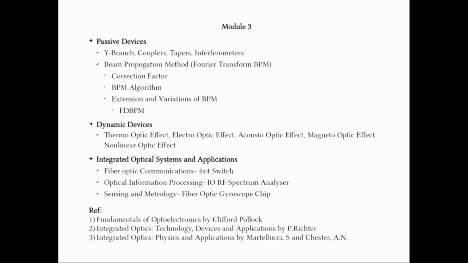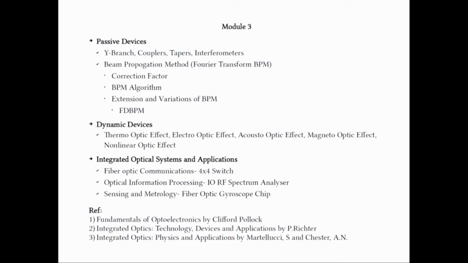In the first step you take the Fourier transform of the input beam, which gives the spectrum of various components of the input beam, and then in the second phase we apply a correction factor so that the refractive index variation is incorporated into the field.